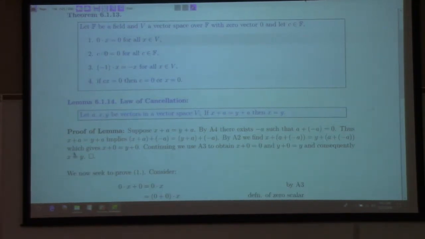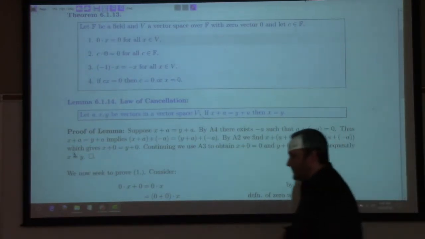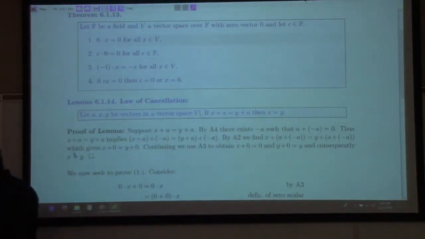So yay, we have it. And what's the point of this? The point is that anytime you have that set of axioms, that automatically entitles you to cancellation, whether it's functions or matrices or any of that laundry list of examples we had. If you can establish the axioms for the vector space, then you get all of the theorems which follow.